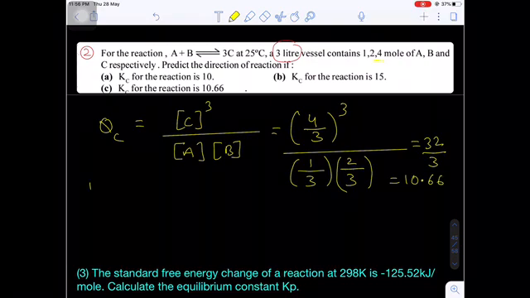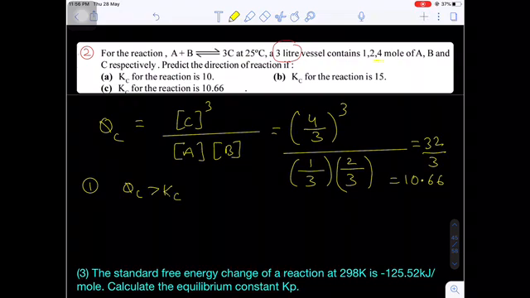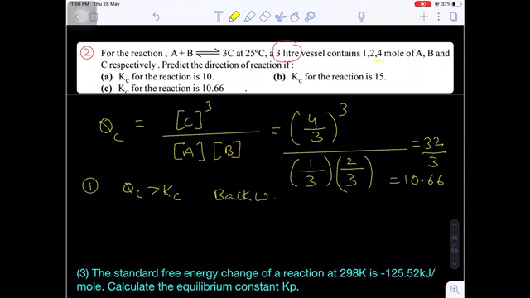Now in the first question, what is the Kc given? 10. Now the Qc is 10.66. That means Qc is greater than Kc. In the first question, the system tends to move in the reverse, backward direction.